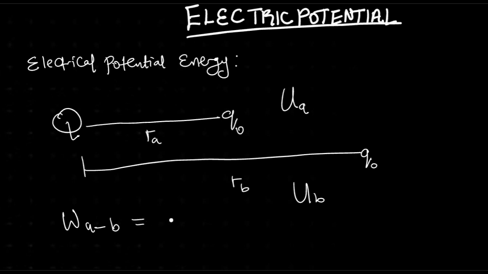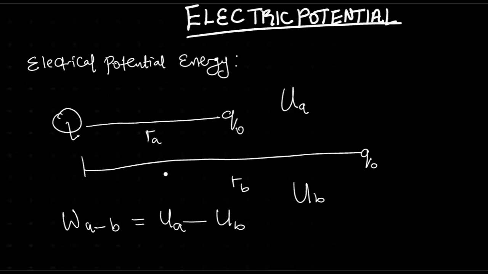Which is the same thing as the difference between the energy here, as the work there, and the work here, U_B. Are we getting it now? Yeah, so now let's talk more deeper into this.